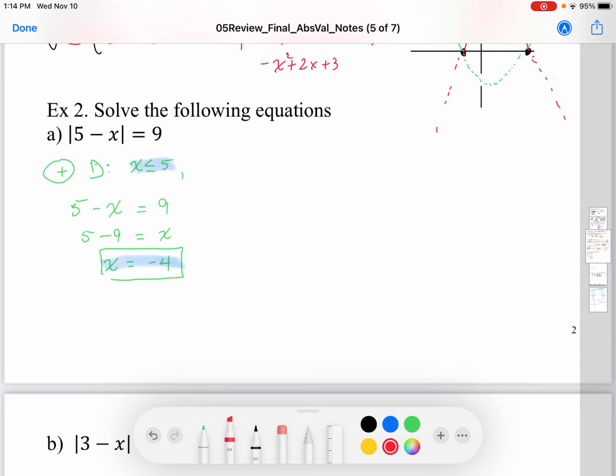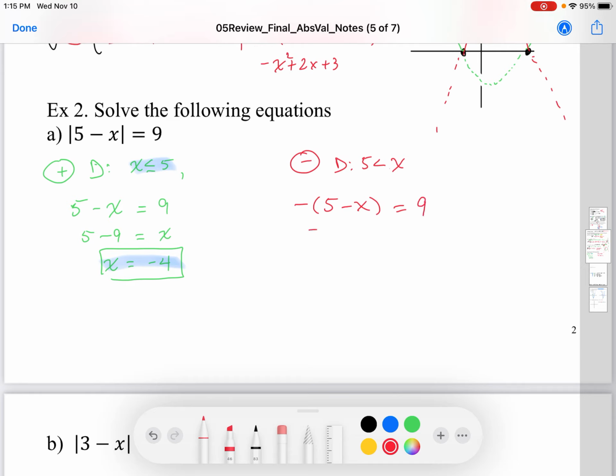We then need to consider the negative version of this solution. So the negative version is going to be the domain when x is greater than 5. So when x is greater than 5, we know we have the negative version. If I have the negative version, that 5 minus x, I need to convert to positive with that negative on the outside, and that's equal to 9.